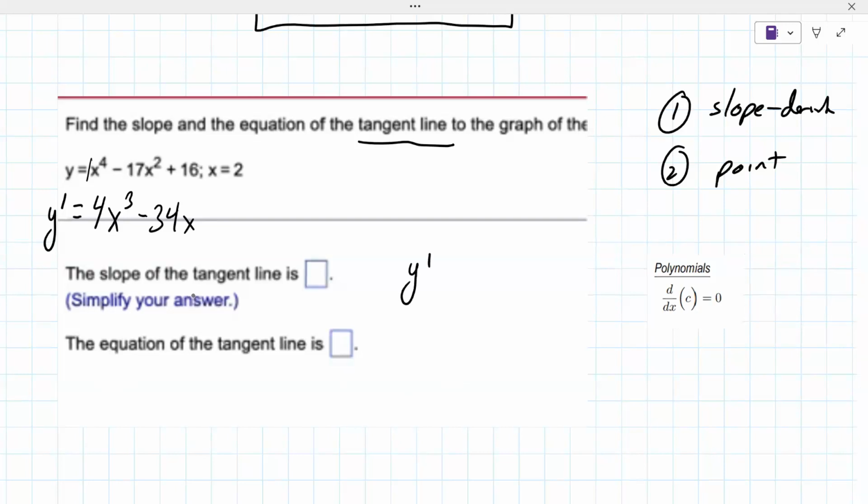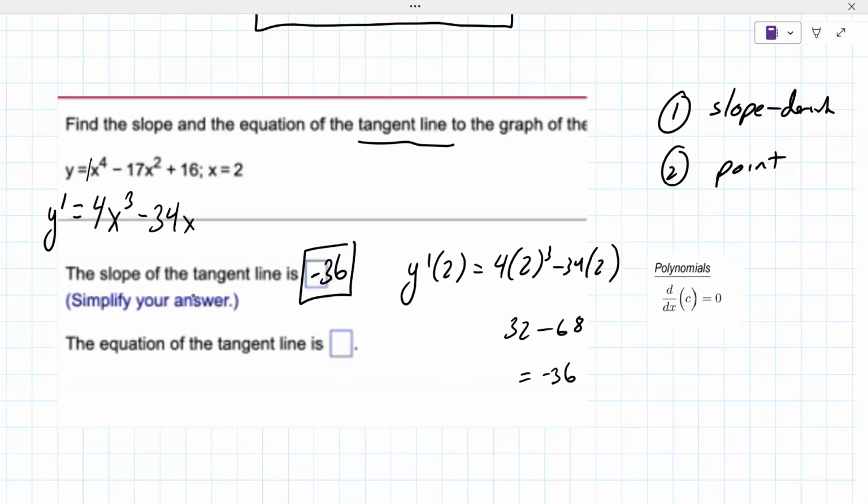So it's like putting 2 in for x, 4 times 2 cubed minus 34 times 2. And so we will need to simplify that. If you have a calculator, please double check that.